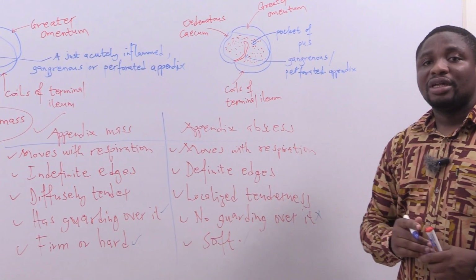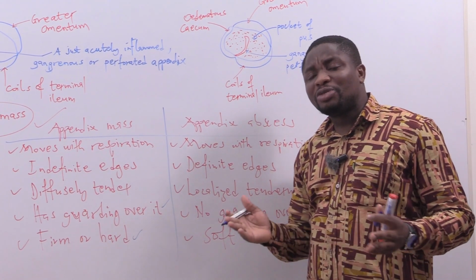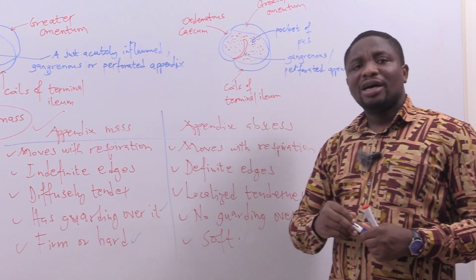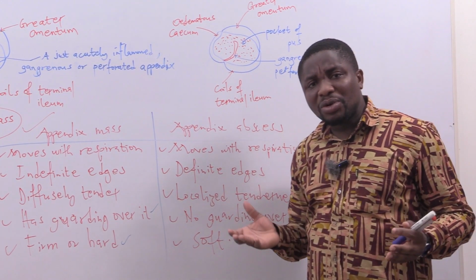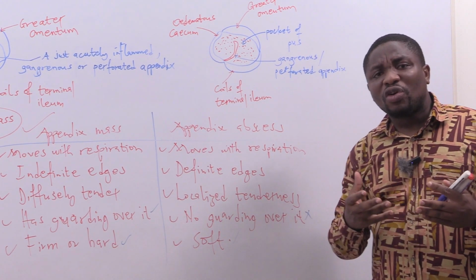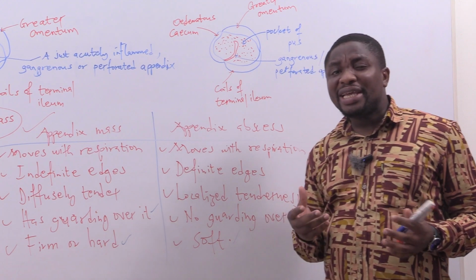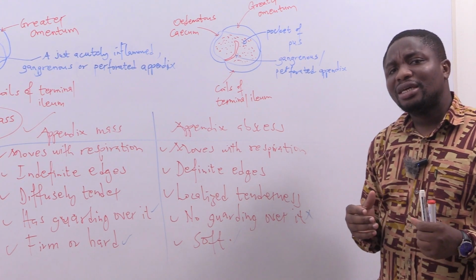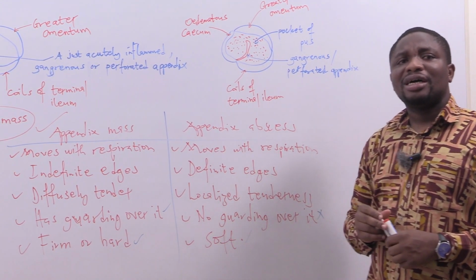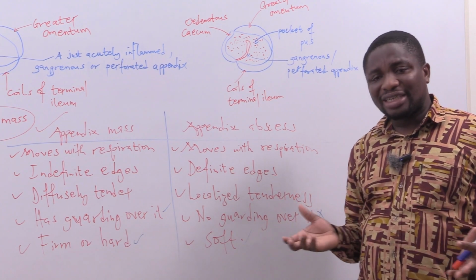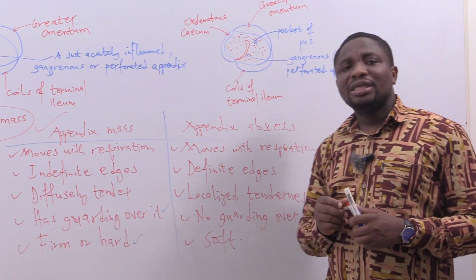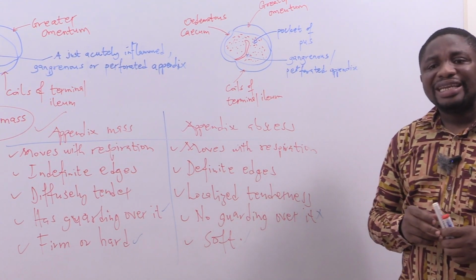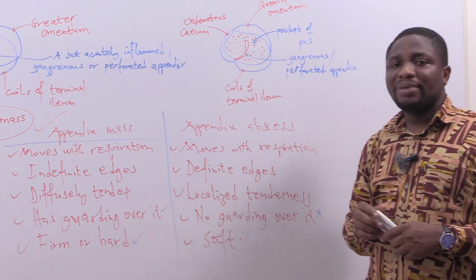Then finally, another difference with respect to prognosis is that appendix mass resolves spontaneously most of the time. That is, it resolves completely, and sometimes may lead to suppuration, that is, there will be some pus in there. But if you take a look at appendix abscess, sometimes, not all the time, it will also resolve spontaneously, but it can perforate and cause peritonitis.